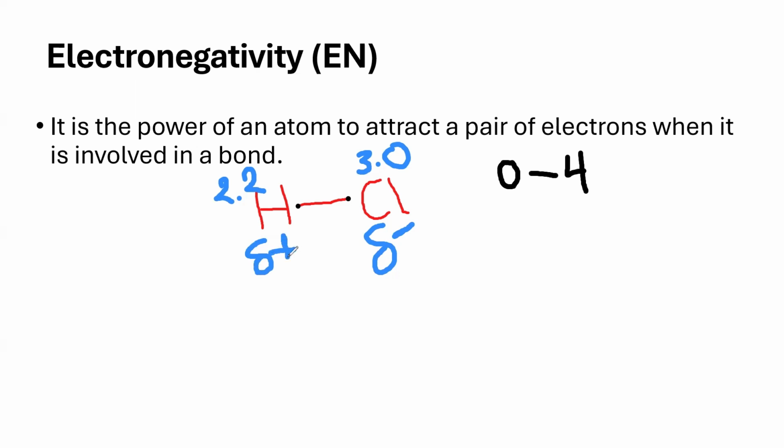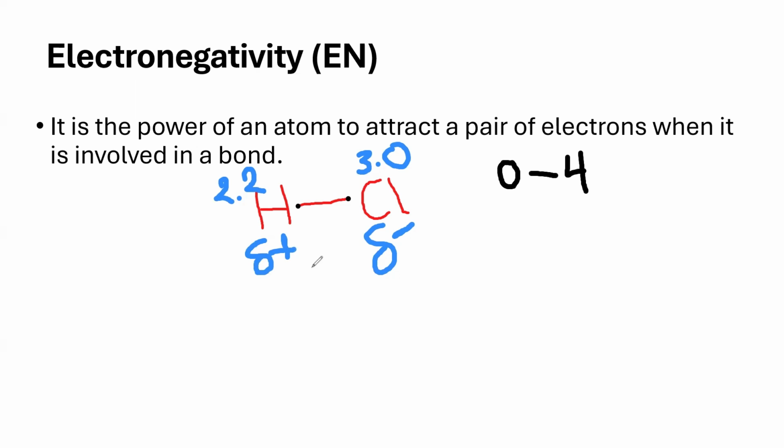It is not a pure negative charge or a pure positive charge. It's partially negative and the other atom is partially positive. The partially negative atom is the atom that can take the electrons for more time than the other atom, which is less electronegative. Okay?